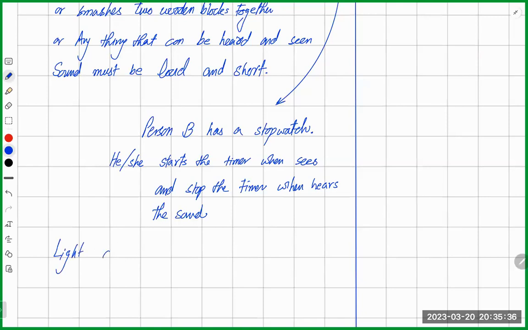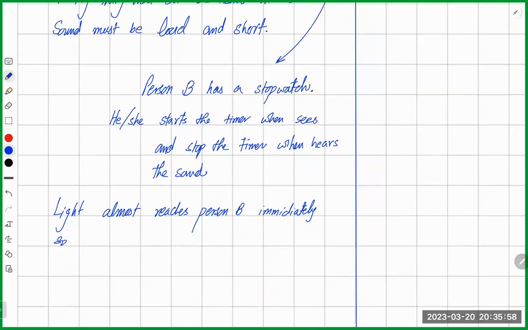Light almost reaches person B immediately, and sound takes more time.